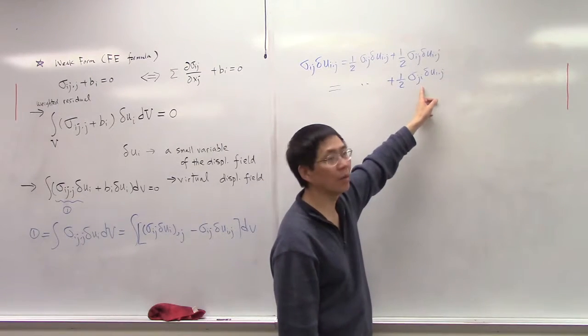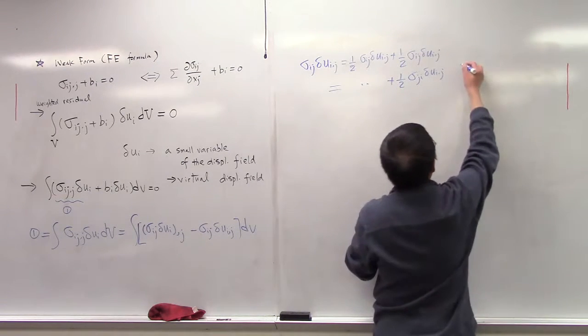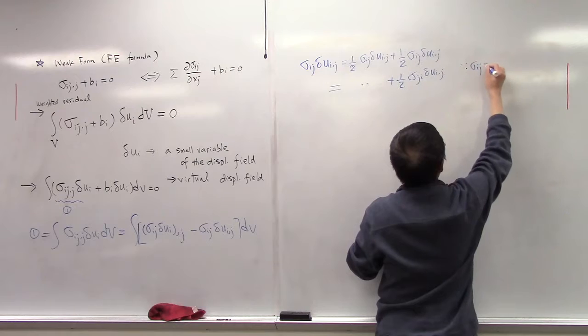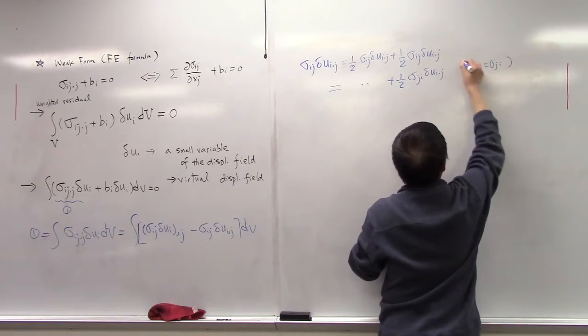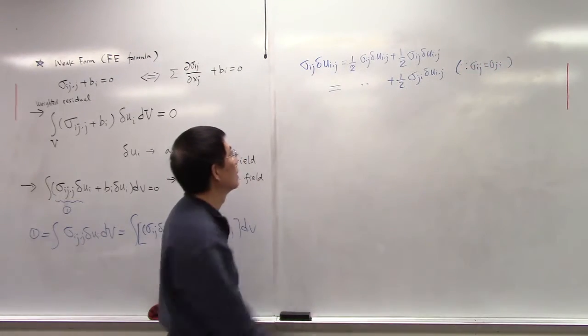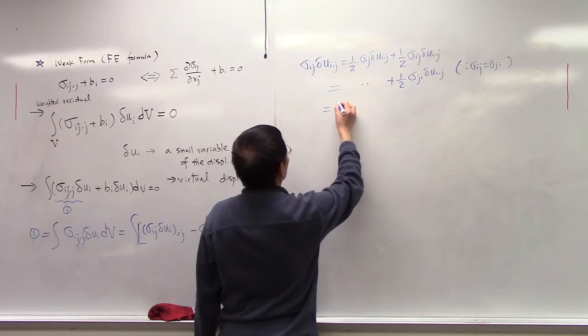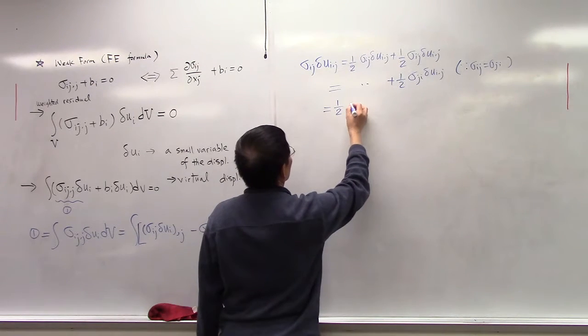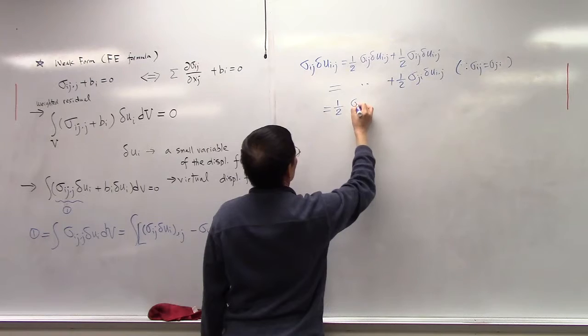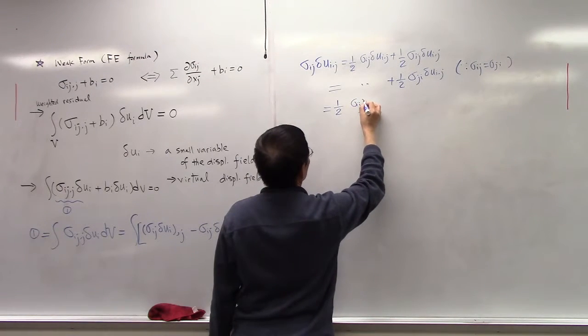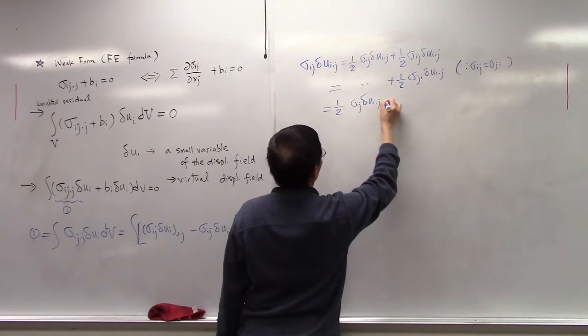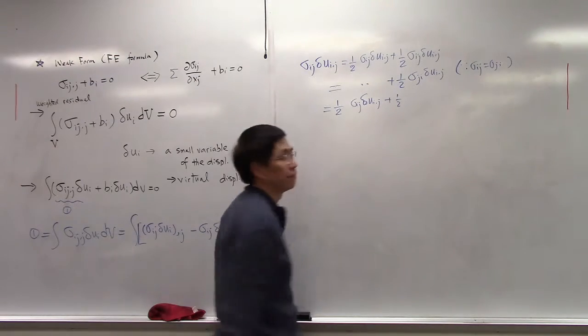So that is no problem, because sigma ij is equal to sigma ji. All right, so that will be equal to now sigma ij delta ui comma j plus now half.